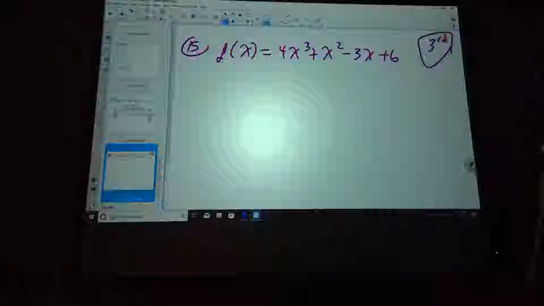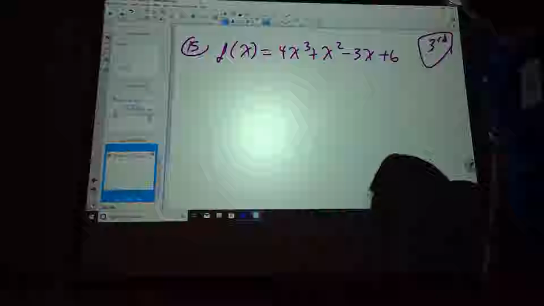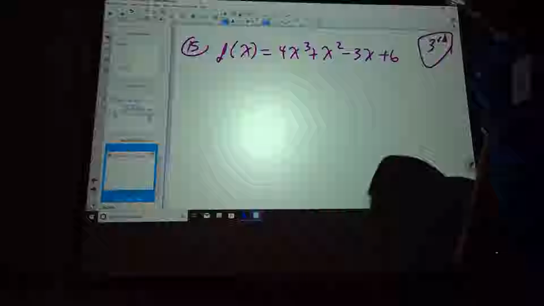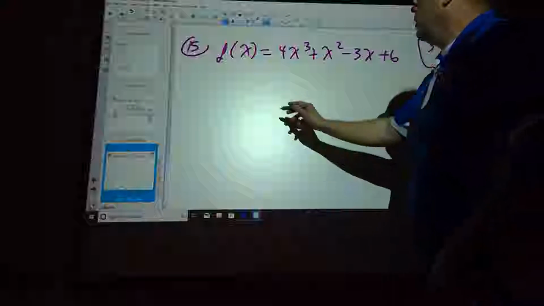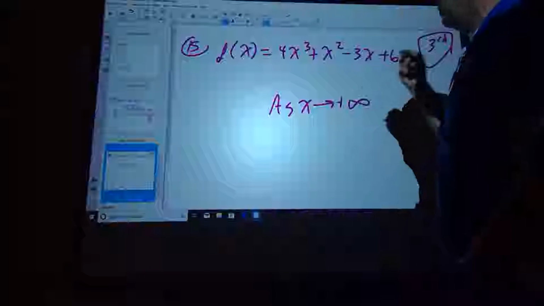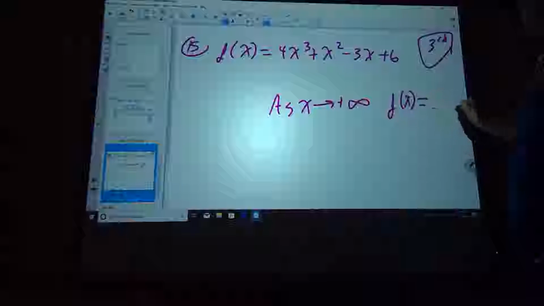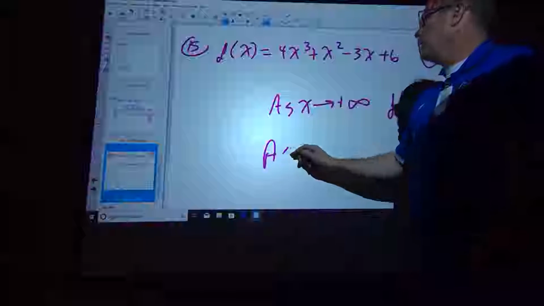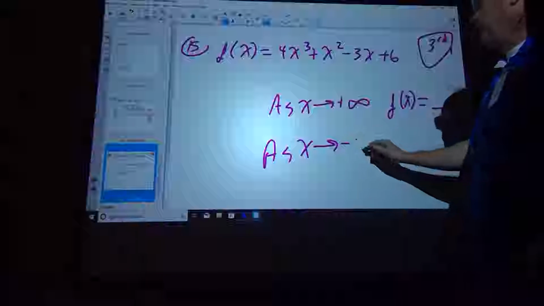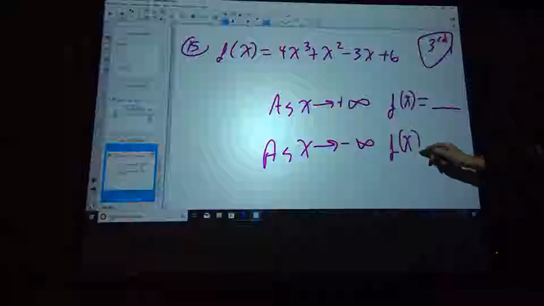And then identify, as x goes to positive infinity, so that's going to the right, where does f of x go? And then as x goes to negative infinity, so as it goes to the left, where is it going in the y direction?